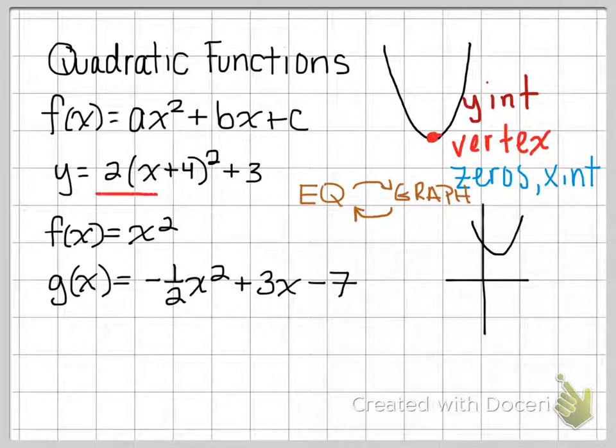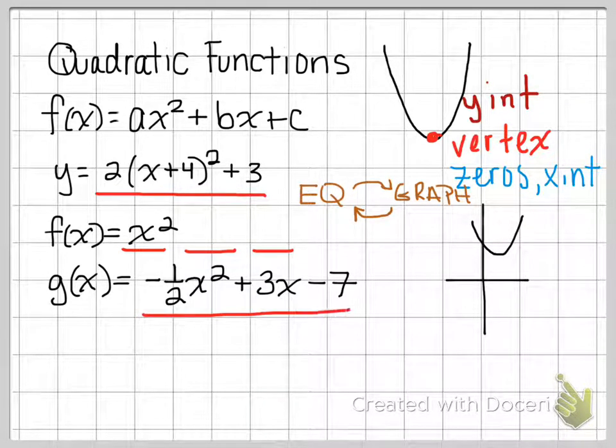Here we're not quite in that standard form, but we can see that if we expanded it, we would be able to manipulate that into that standard form. Here we've got a standard form, but it doesn't have a bx and it doesn't have a c, and that's okay, of course. And then finally here, this last one on the bottom is in standard form. So here are three. Let's just look at two of them and see about getting a graph or getting information about the graph from these functions.